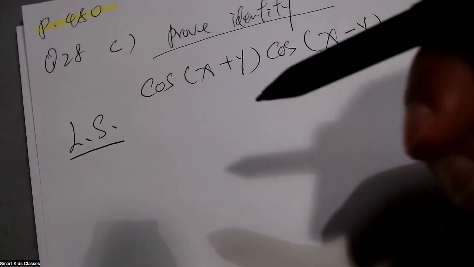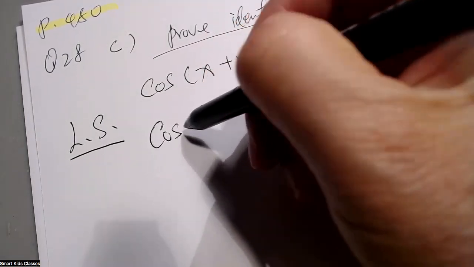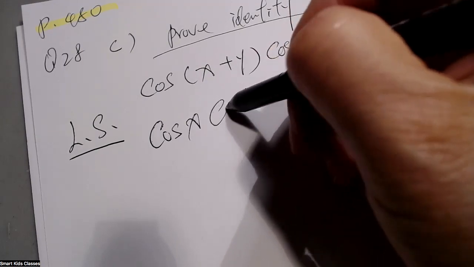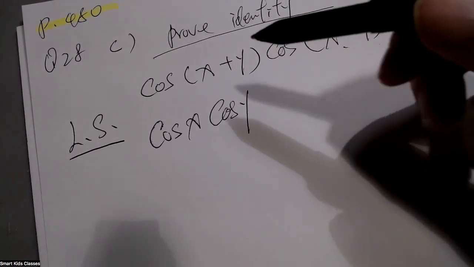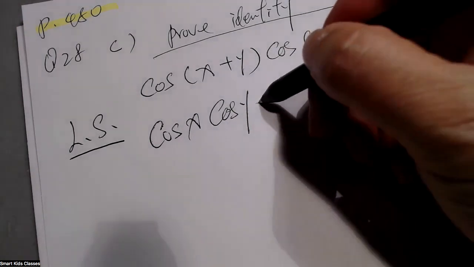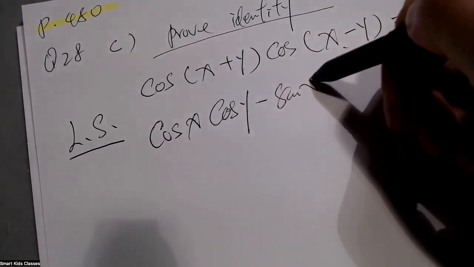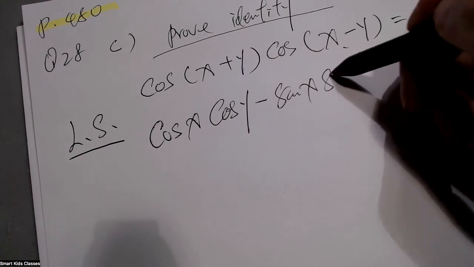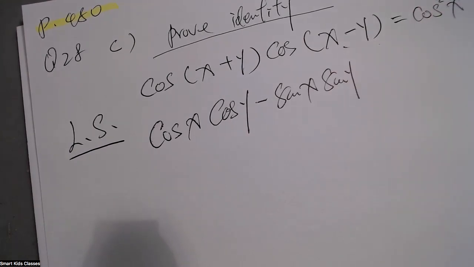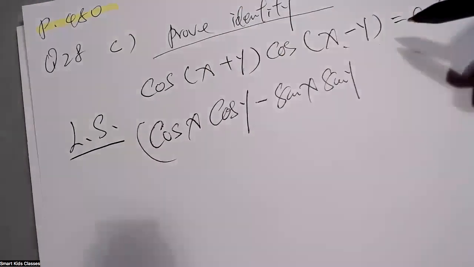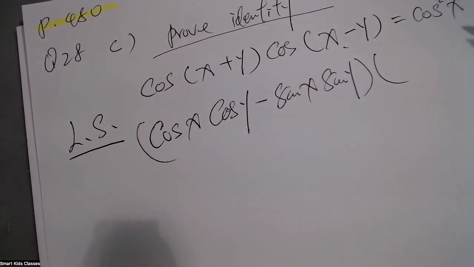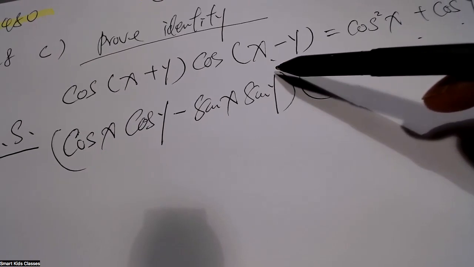For the left side, I'm going to have cosine x times cosine y, minus sine x and sine y. So we finish the first bracket. Now we're going to do the second bracket.